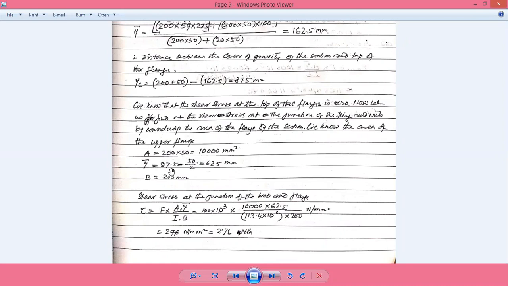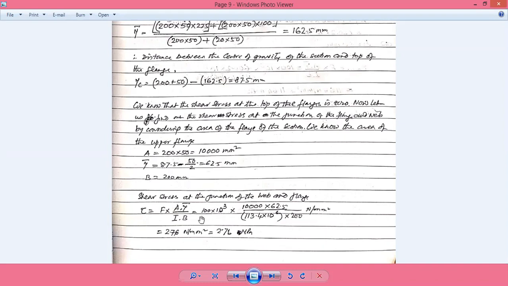And y bar is 87.5, the distance of the CG from the top, minus 50 by 2, half of the flange depth, that is 25. So y bar, the distance of the CG of this upper flange from the neutral axis, is equal to 62.5 millimeters. The width of the flange is given as 200 millimeters.